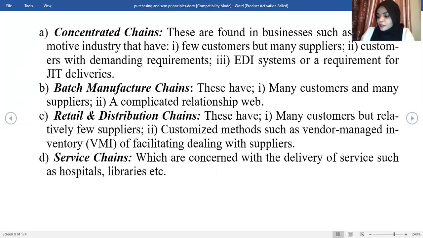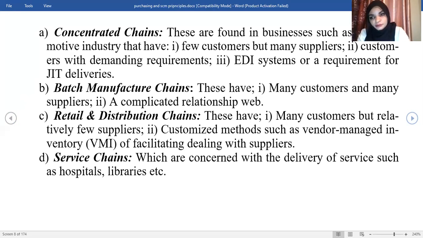People who are going to buy cars are very few, but yet we have many suppliers of cars. We have Toyota, we have Subaru, Range Rover, Mercedes, Honda. So we have many suppliers, yet we have few customers.